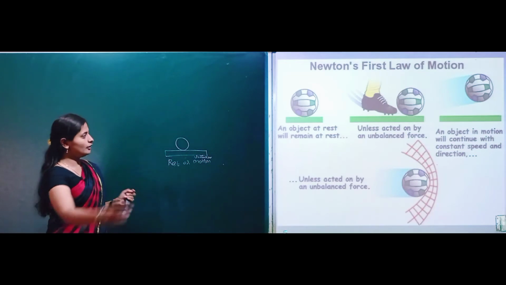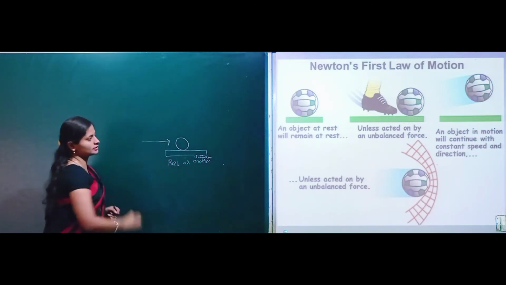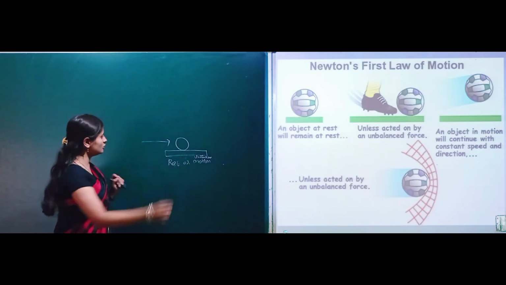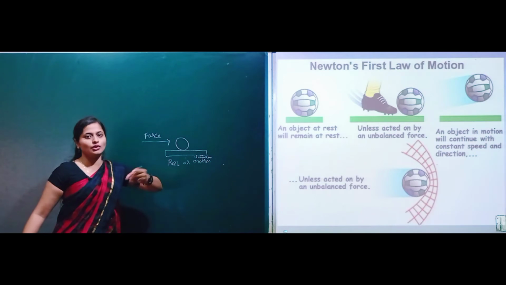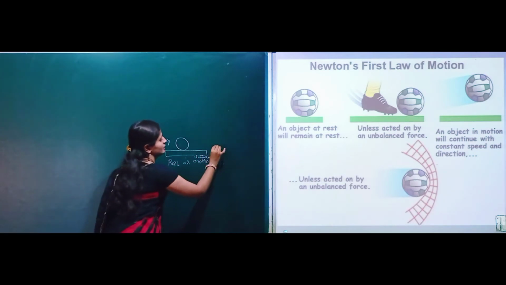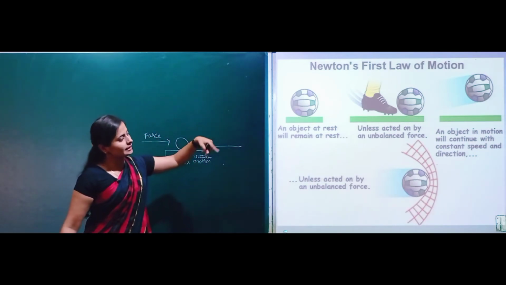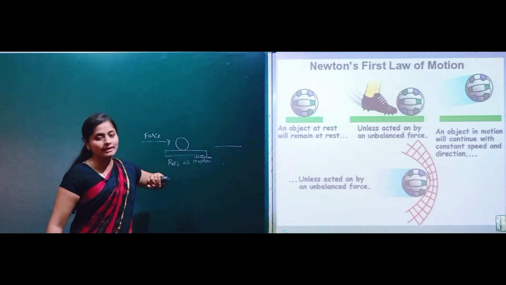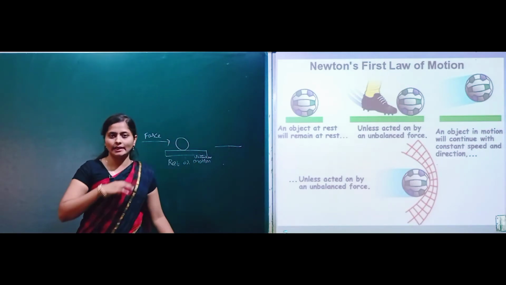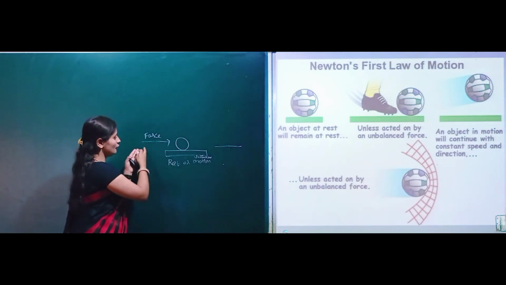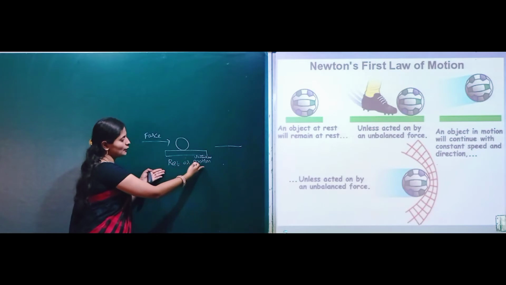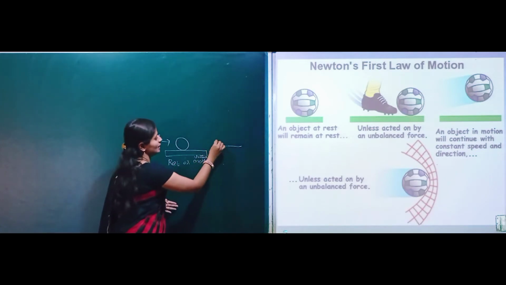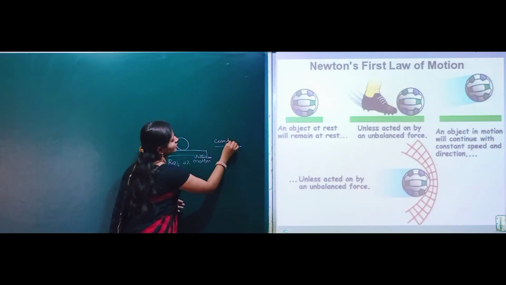Then we have to apply a certain force. See here, we are kicking a ball, which is nothing but applying a certain force. So what is the result? An object in motion will continue with a constant speed and direction. So when we apply a force to an object which is at rest or in uniform motion, it starts a continuous motion.